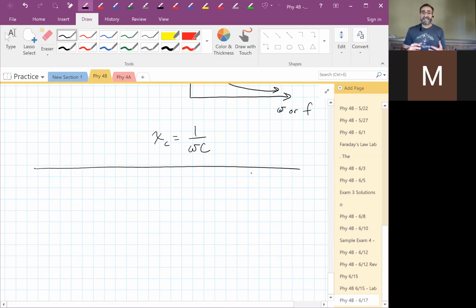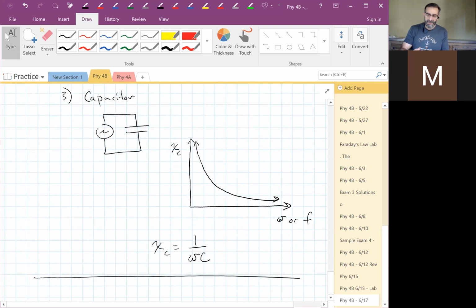We've done a little bit of this already, where we've asked, what does our circuit look like the instant the switch closes, or after the switch has been closed for a long time? What does that mean? When the switch has been closed for a long time, we're at the zero frequency limit.